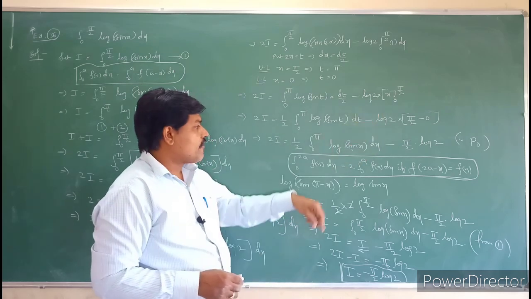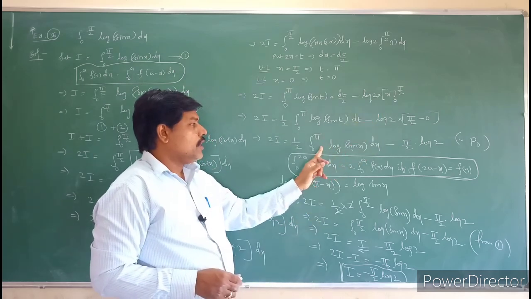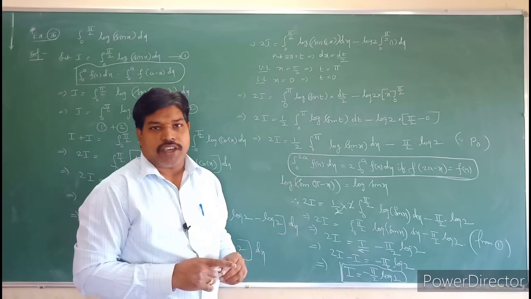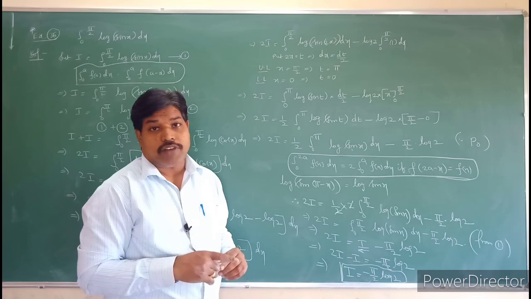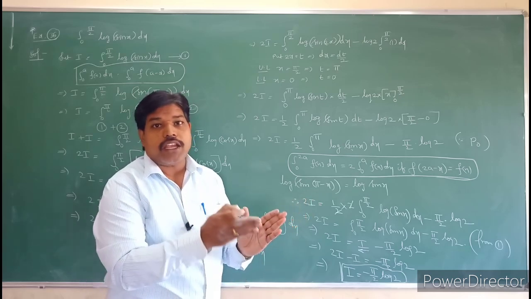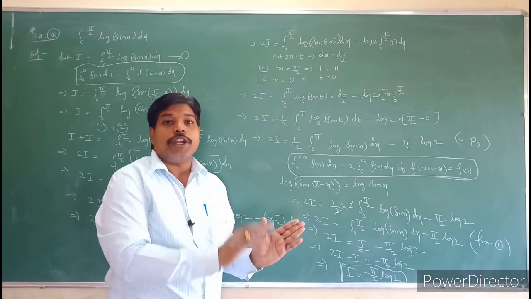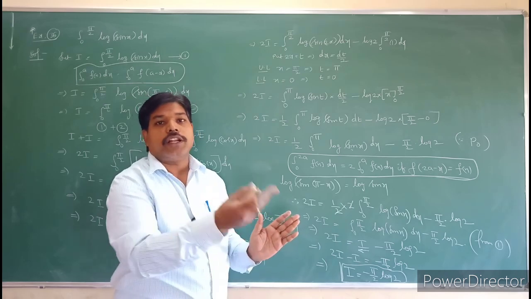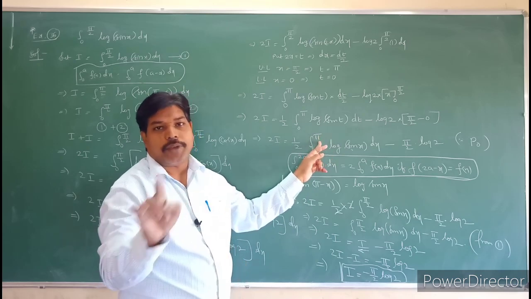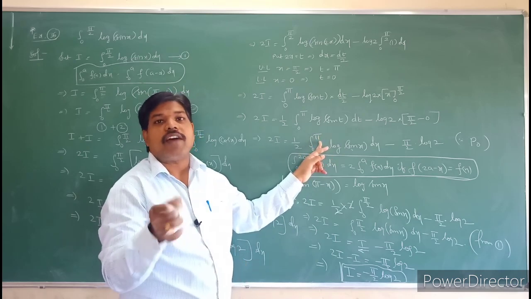So after getting this value, if f of 2a minus x is equal to f of x, then the integration with limits 0 to 2a will convert into the form of 2 times integral 0 to a. So integral 0 to pi is there, and pi is nothing but 2 into pi by 2. So the value of a is pi by 2.